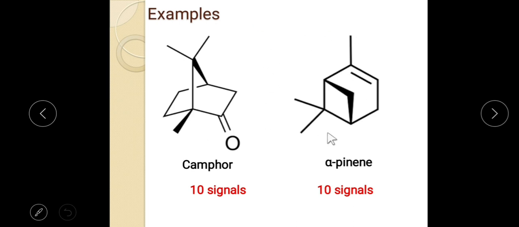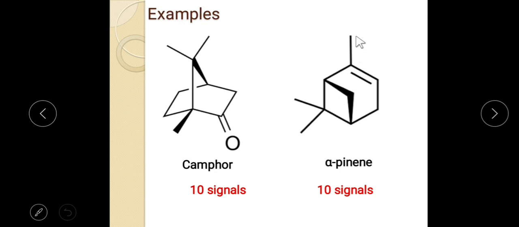Similarly with alpha-pinene, we have a chiral center over here and a chiral center over here. So the protons on this CH2 will show different signals, and the protons on this CH2 will show different signals, whereas these two dimethyl groups show different chemical shifts in NMR spectroscopy because they are diastereotopic groups.